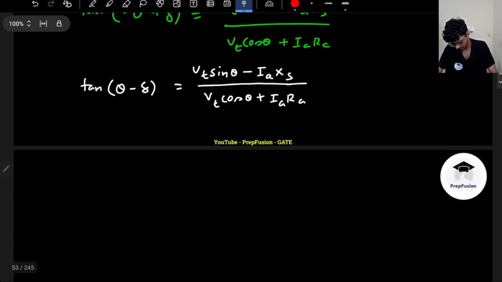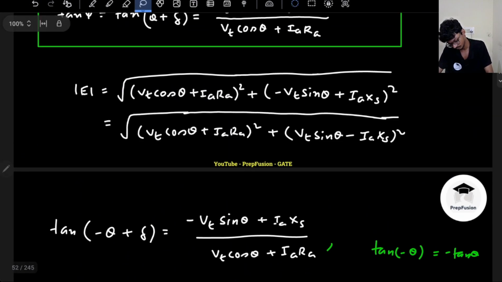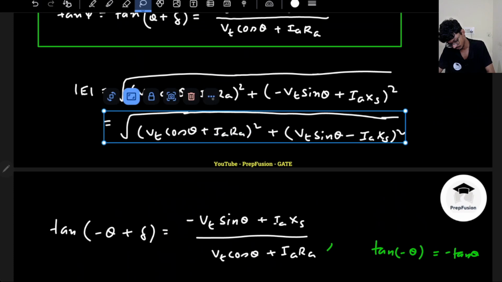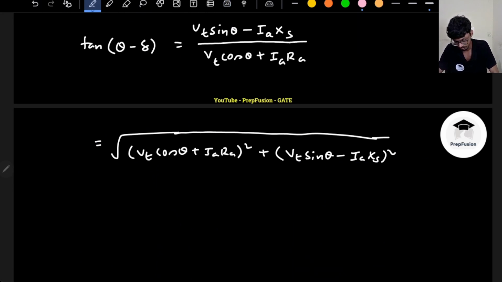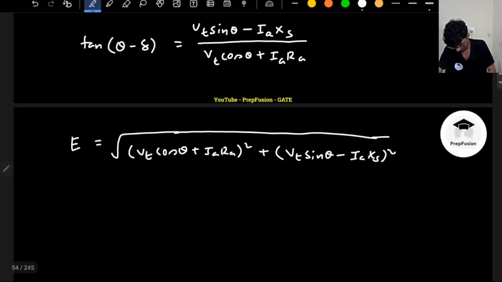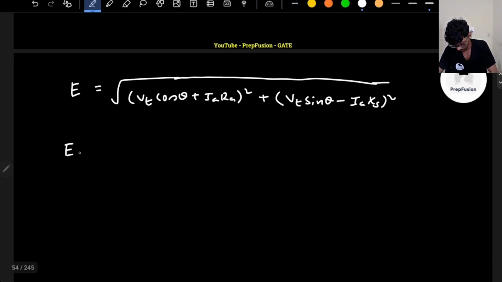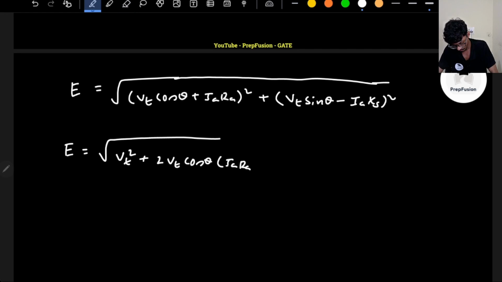So if I break this down, I can write E square is equal to Vt whole square cos square theta plus sin square theta, it will be 1 only, Vt square only, plus this time 2 Vt cos theta into Ia Ra, minus, again this is minus, so this will be minus 2 Vt sin theta into Ia Xs.